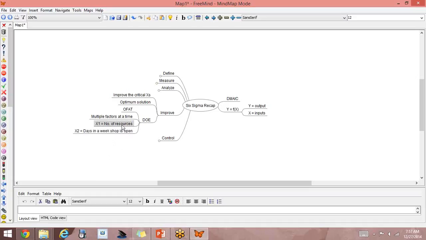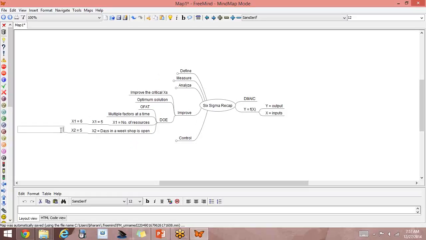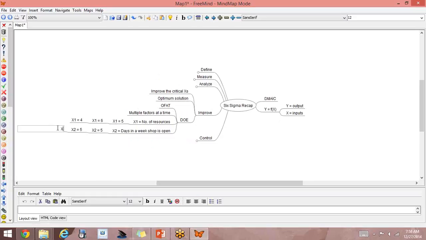So what design of experiment says is, first let the resources be at 5 and let us work for 5 days in a week. Let us see what the output is. This is one experiment. Second experiment, I'll increase the resources to 6, and let the number of days be 5 only. Then let the number of resources be reduced to 4 and let the number of days in a week become 7. So in this way, I do multiple experiments.